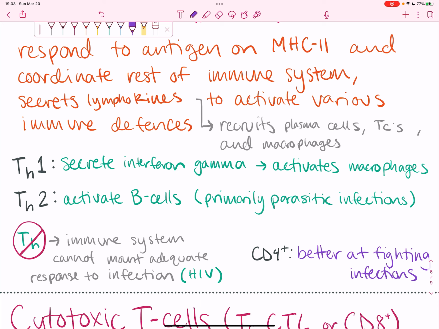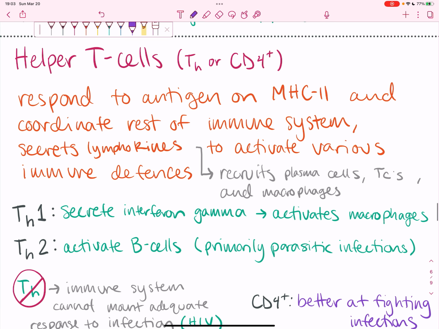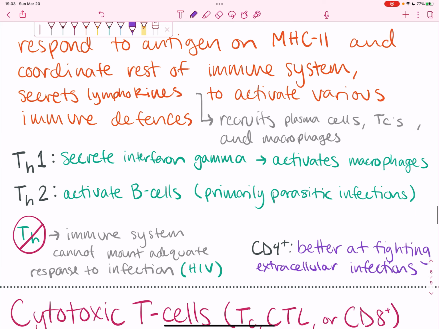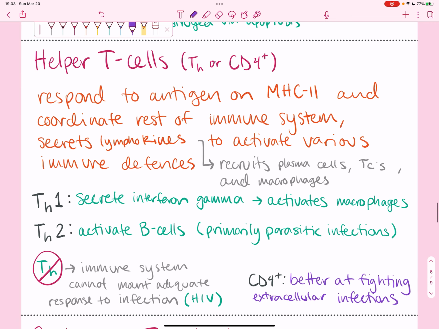So, last little note, helper T cells, CD4+, are better at fighting extracellular infections.